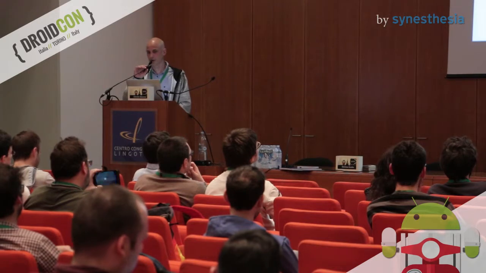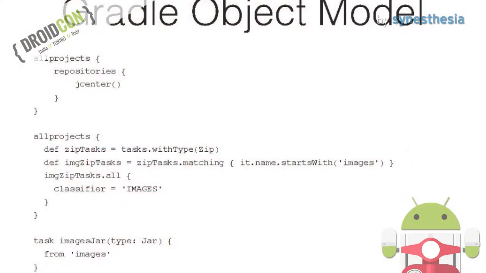Let me give you another example from the Gradle object model. Even if you didn't use the Android plugin, Gradle itself comes with an expressive DSL and with this whole object model. On the first line we see, or on the first paragraph basically, we see allprojects, repositories, jcenter. I assume you know what's happening here. Right? It's going to apply the repository to all your projects.